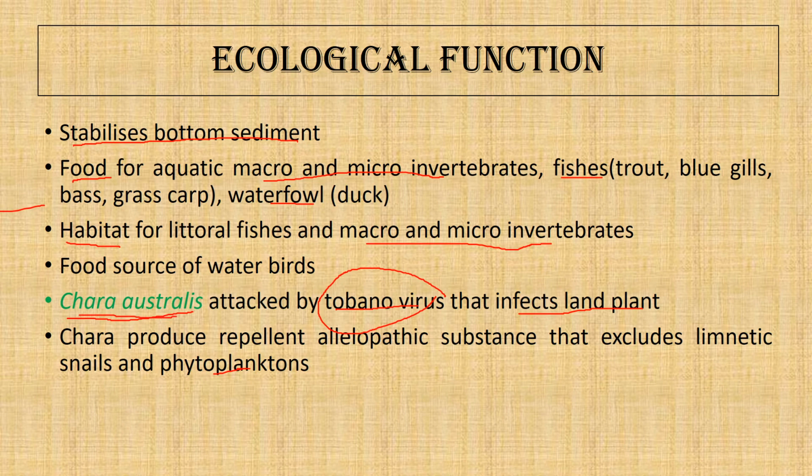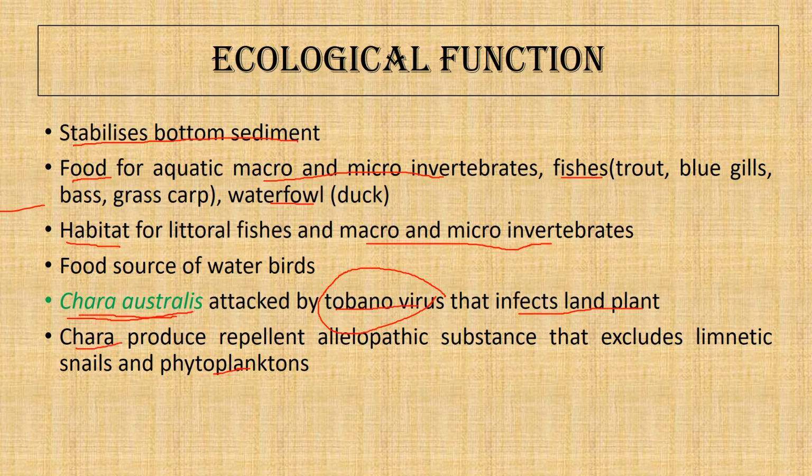In this way, the research work on the tobano virus will be very easily done, because Chara is thalloid in structure, and any algae, because of their thalloid structure, it is easier and simpler to study the metabolic functions than that of the land plants. So this is the research importance.